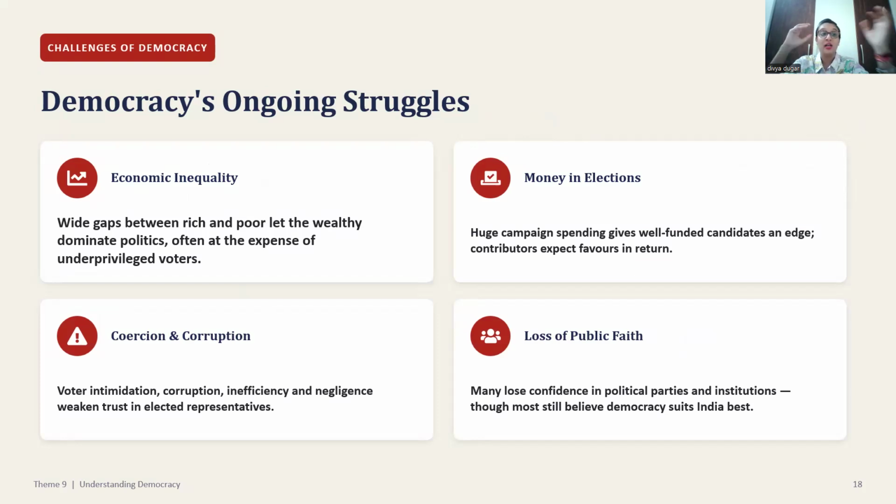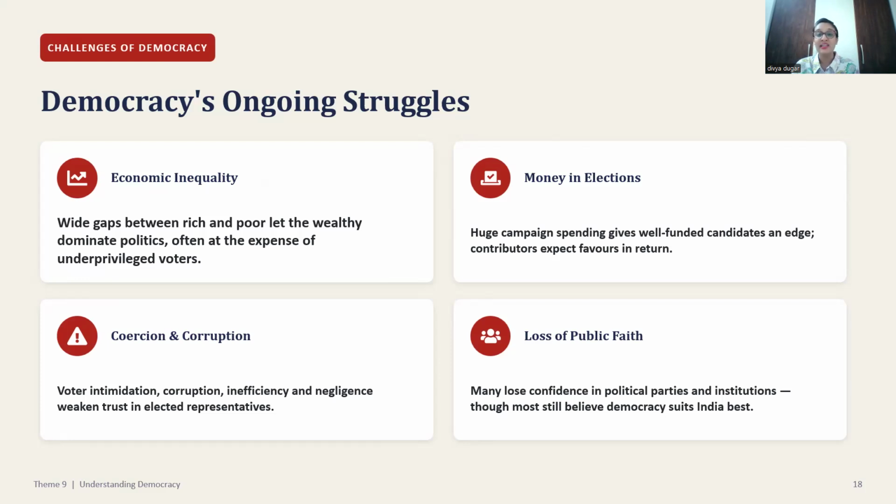In India, we face the problem of economic inequality, where income is not equally divided among the people. Sometimes the rich are getting richer and the poor are getting poorer, which creates a gap between rich and poor. So economic inequality becomes the first challenge of democracy.